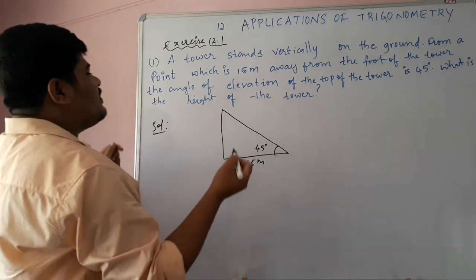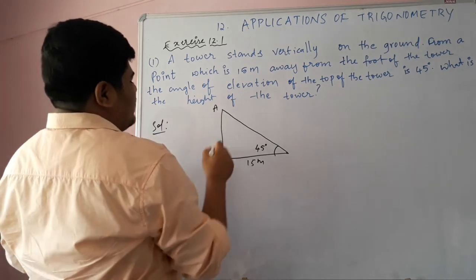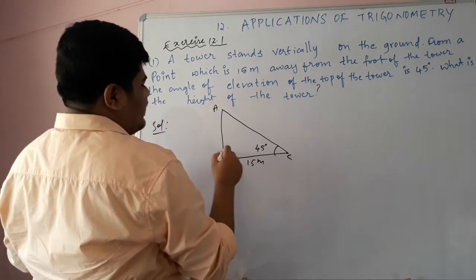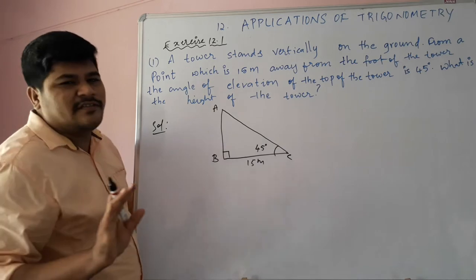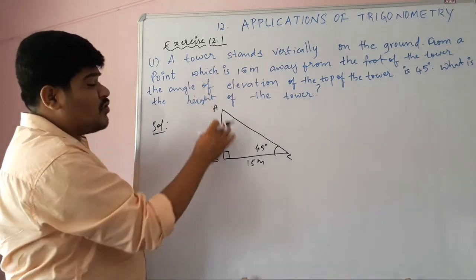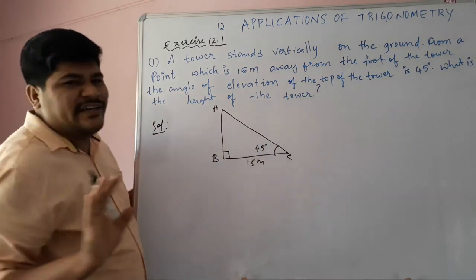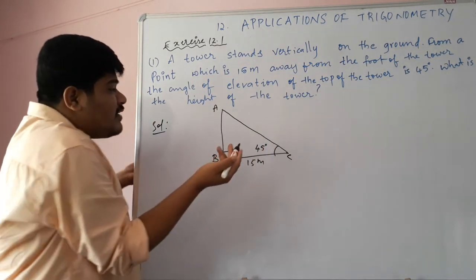What is the height of the tower? So students, first name it, that is ABC. Height means what? Here it will have 90 degrees. So this is the diagram. By reading this problem, I have drawn this diagram. Now this is theta, 45 degrees. So what are they asking us to find?